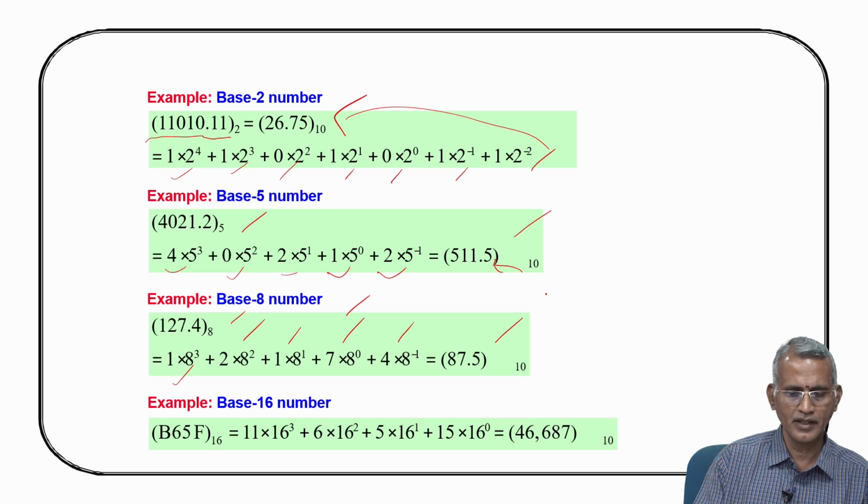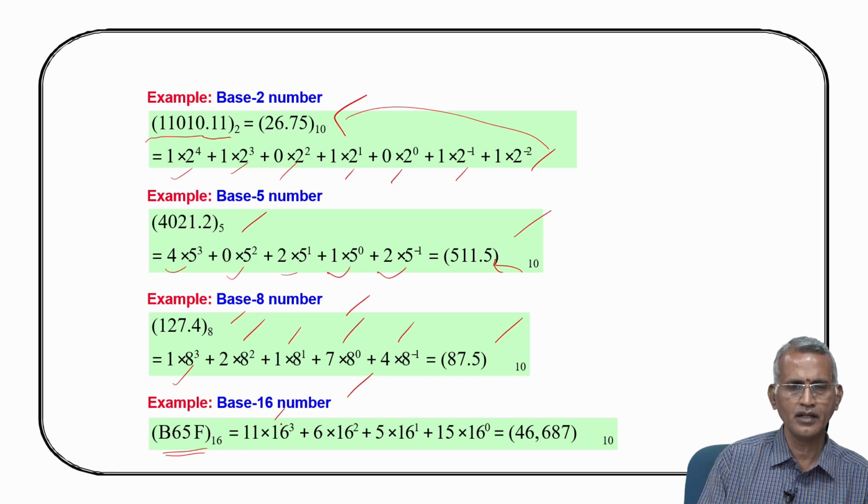And for base 16, we have B65F base 16. This represents 11 into 16 power 3, because A, B, C, D represent corresponding numbers. B is 11 and F is 15.